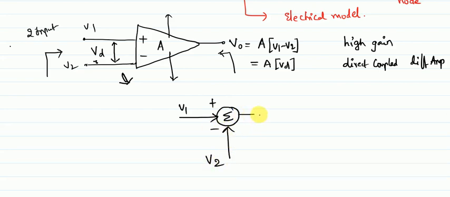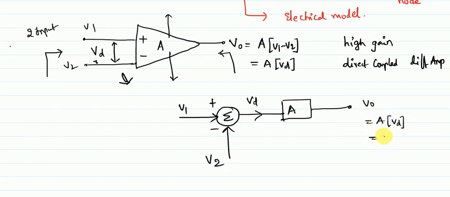The difference V1 minus V2, Vd, is given to a basic amplifier block. Now if you want, you can take feedback from this output or leave it like this. So Vout equals gain times Vd, or V1 minus V2.